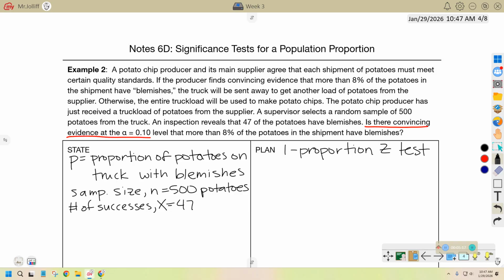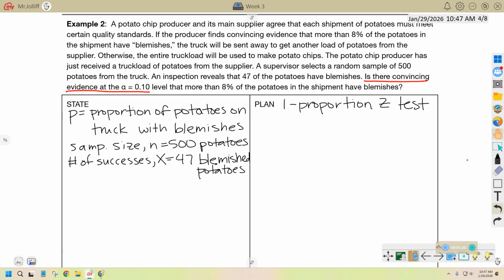Very good. 47 blemished potatoes. There is one more number they gave us that is important for a significance test, which is, very good, the 0.10, our level of significance, or significance level.